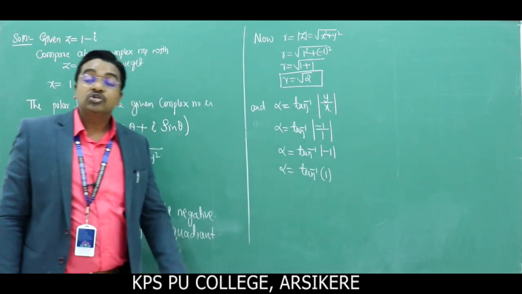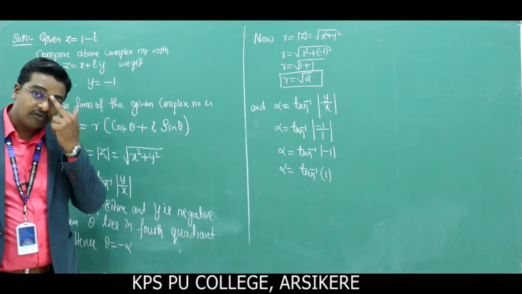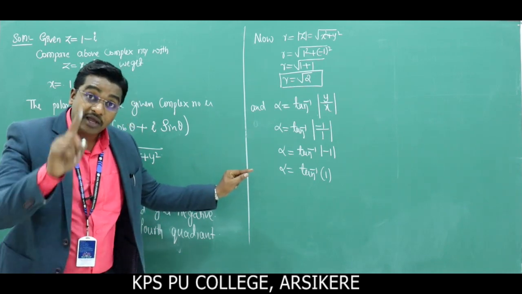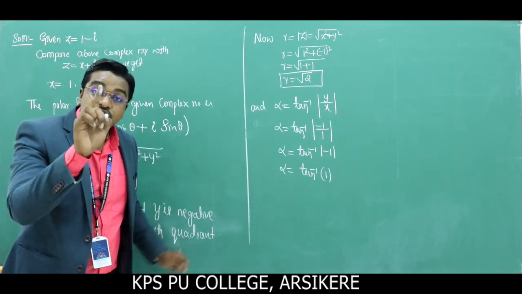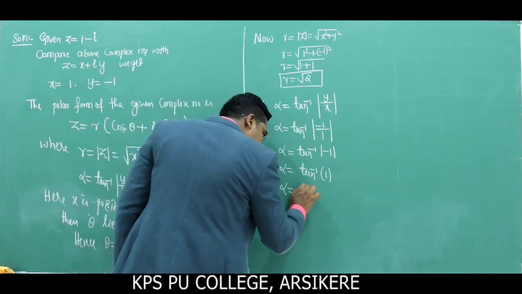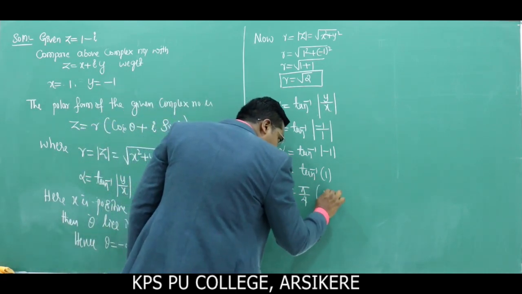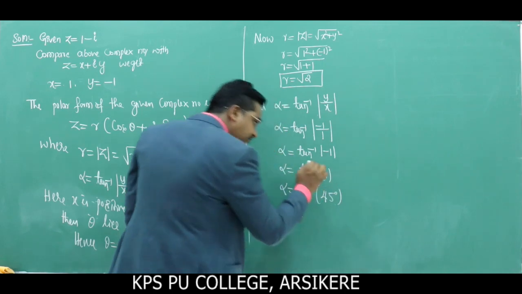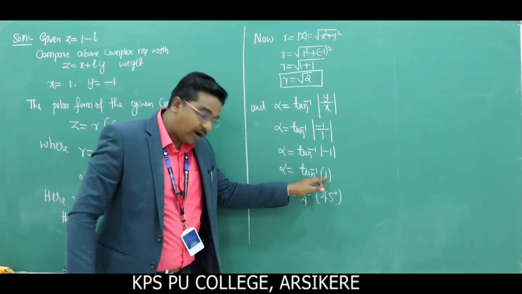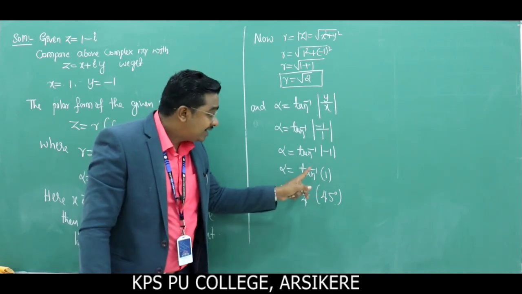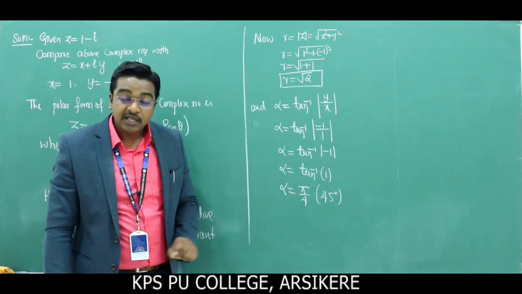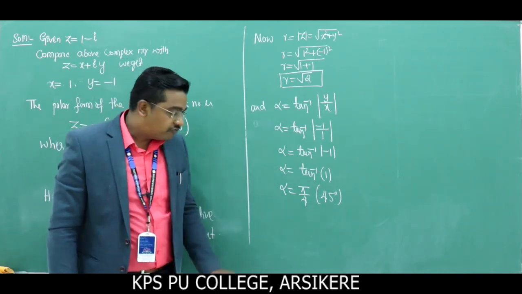Now tell me, what is the value of tan inverse of 1? We need the angle. The angle is equal to pi divided by 4, or 45 degrees. Since tan of 45 is equal to 1, tan inverse of 1 is equal to 45 degrees, that is pi divided by 4.